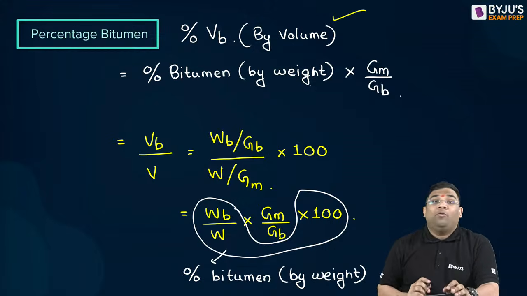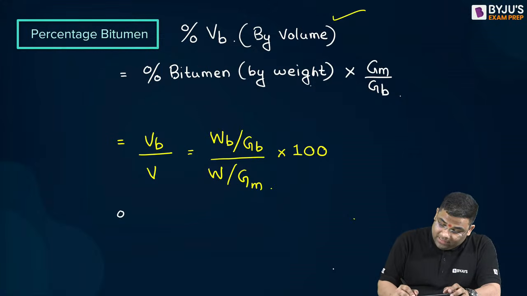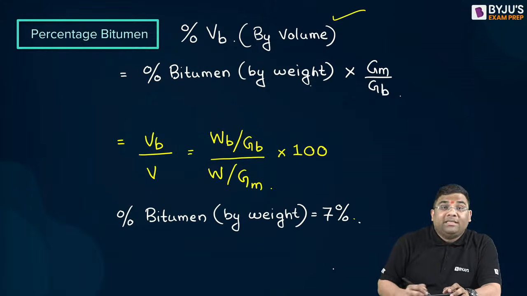So we have two formulas and they can ask a very simple question. For example, they will give percentage bitumen by weight is 7%.